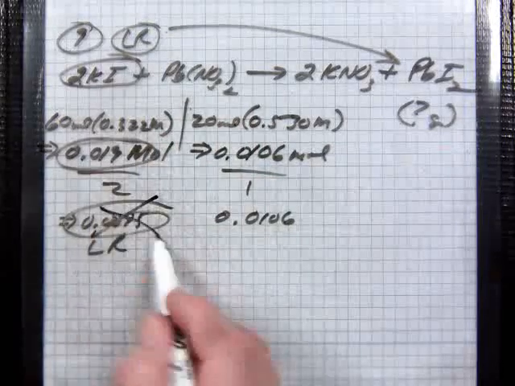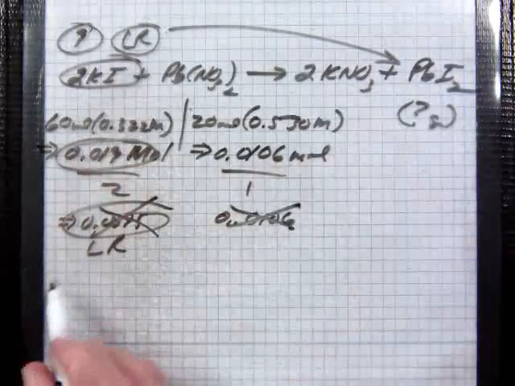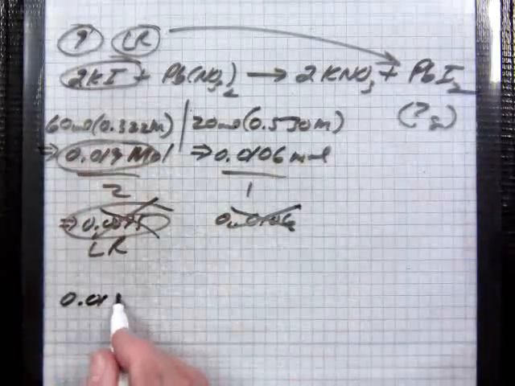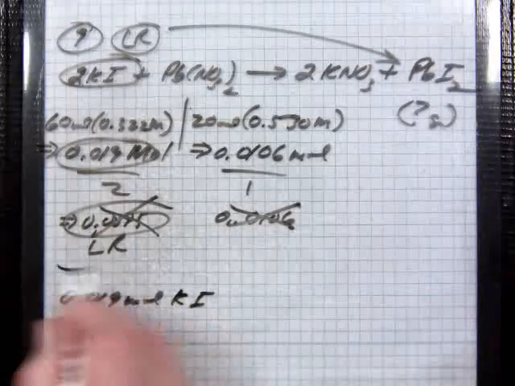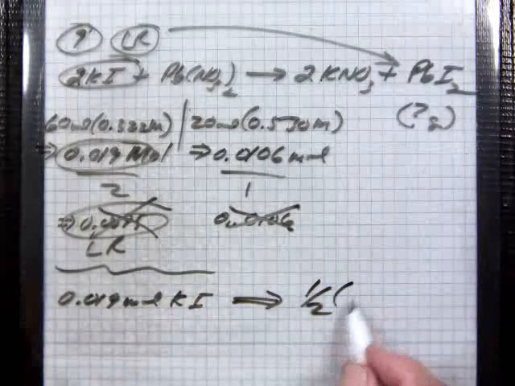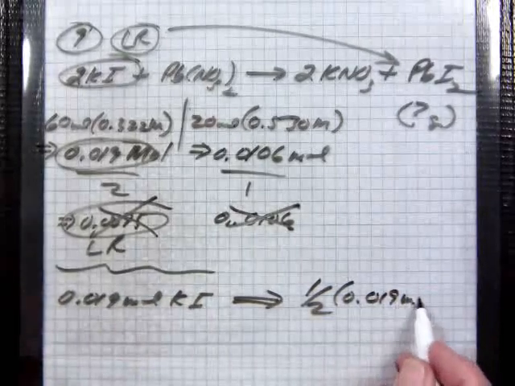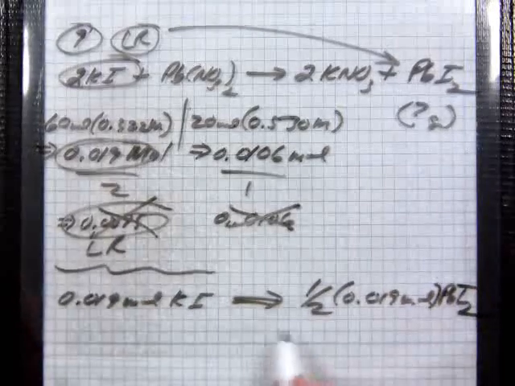So we don't need these anymore, but it's 2 to 1 again. So if I have 0.019 mole of potassium iodide, I'm going to get 1/2 of the 0.019 mole of PbI2.